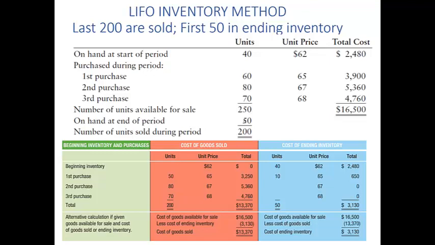So under last in, first out, the last ones have been sold, so my first units are the ones that I still have. So I have all 40 of these at $62, and then I'll need 10 from the first purchase at $65 to get up to 50 units. And if I add those figures together, my ending inventory is valued at $3,130.